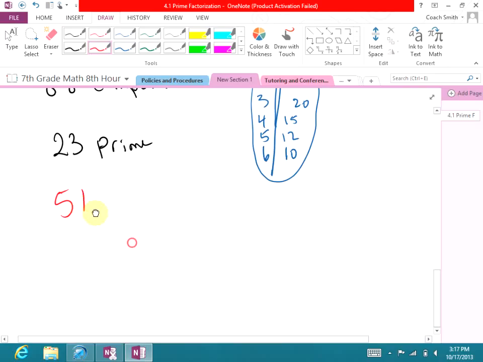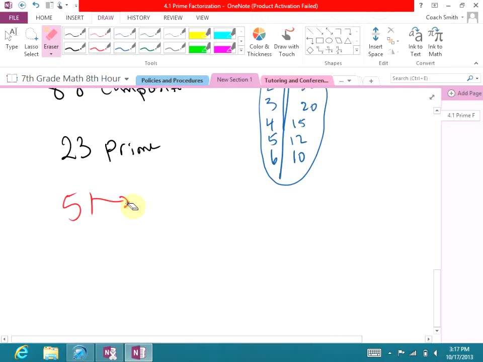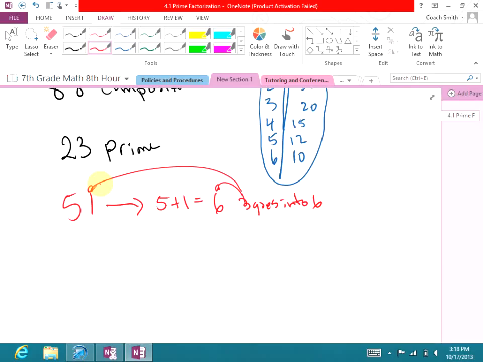The rules for divisibility say if I do this, 5 plus 1 is 6. 3 goes into 6, so 3 has to go into 51. 3 goes into 51 17 times. And so therefore, it's composite.